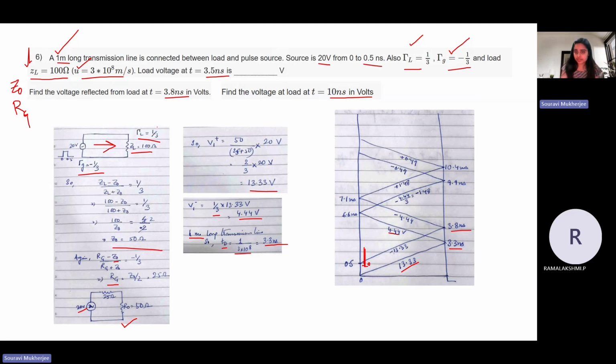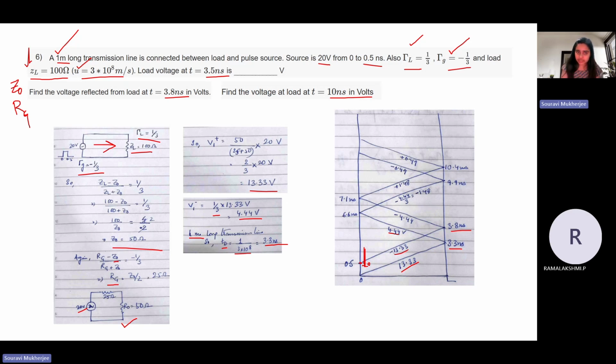No, minus 13.33 is the one that is reaching your load. So it starts from 0.5. One second, I lost my point there. Okay. So at 0.5, there's a 20 volt starting here. When it is reaching this point, you have a minus 13.33.